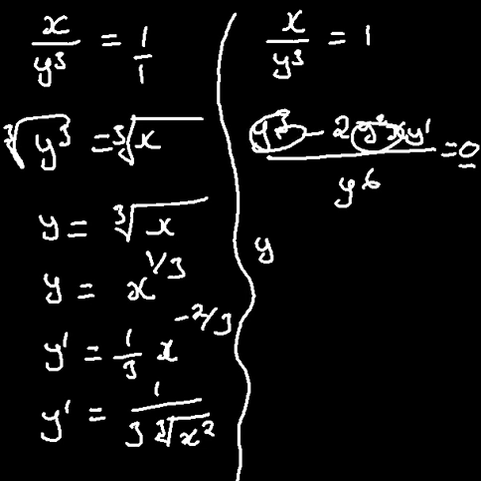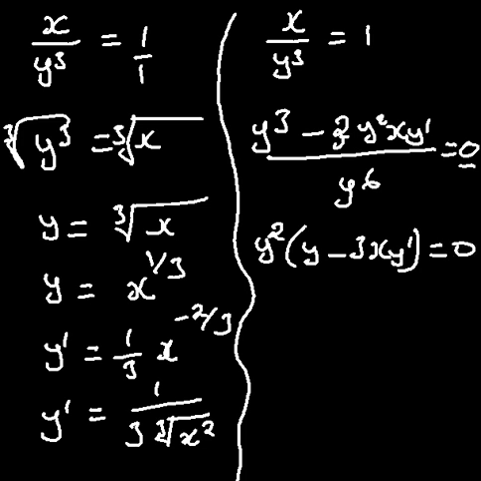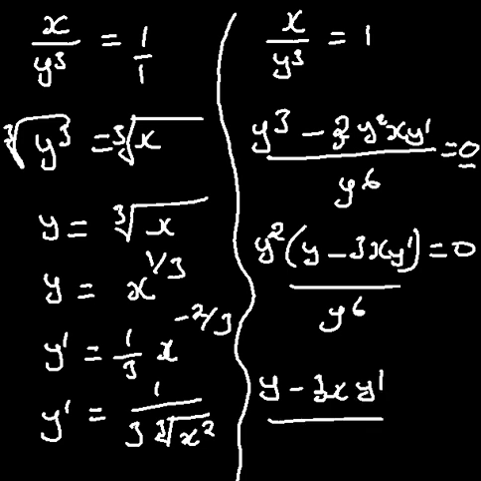The common factor is y squared, so we take y squared out, and we have y minus 3x y prime, that is equal to 0, divided by y to the power 6. So in this case we'll have y minus 3x y prime divided by y to the power 4, which is equal to 0.